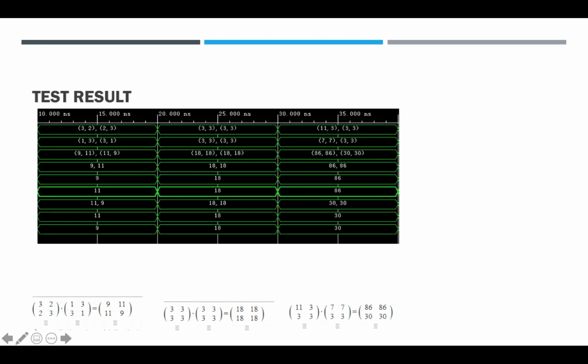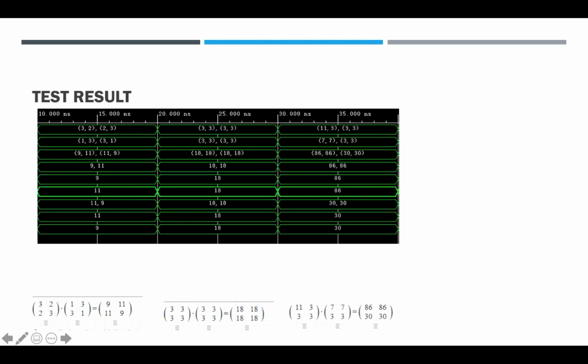And the result is exactly what I expected in the test bench. And this is the second test result, which is also the same. This is the third one. It's exactly the same. So it's a very good result.